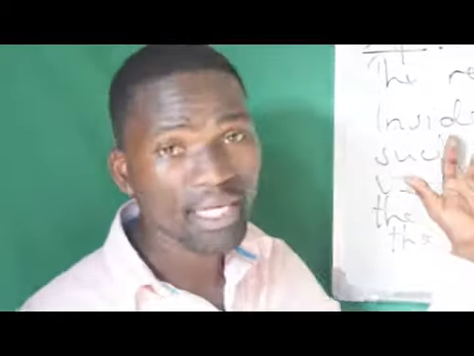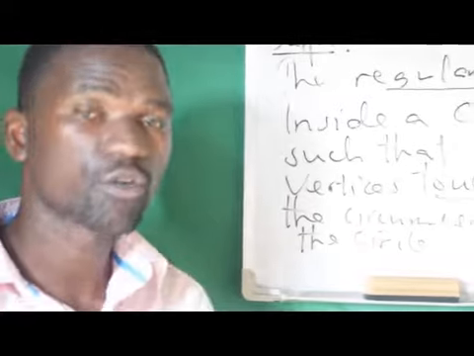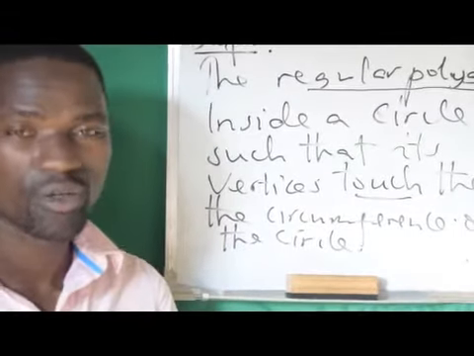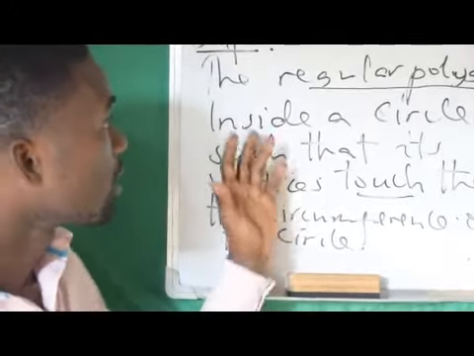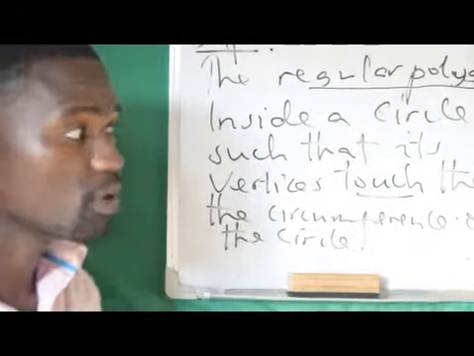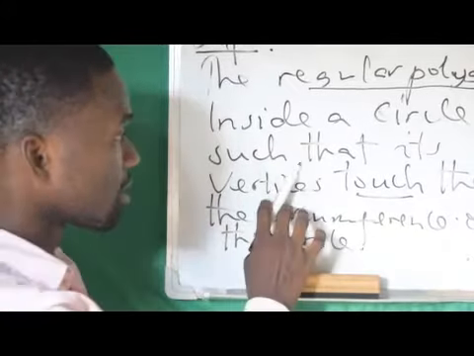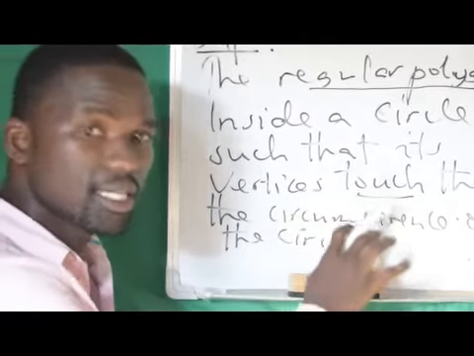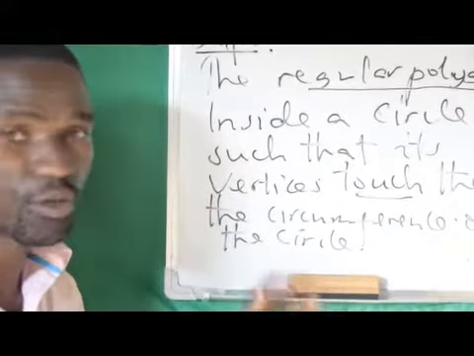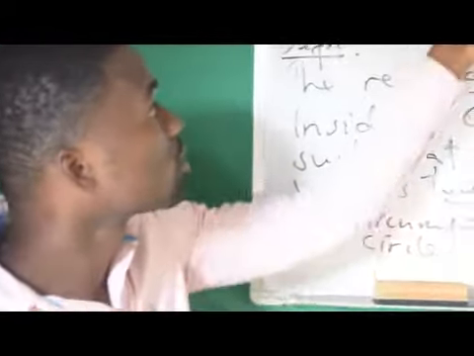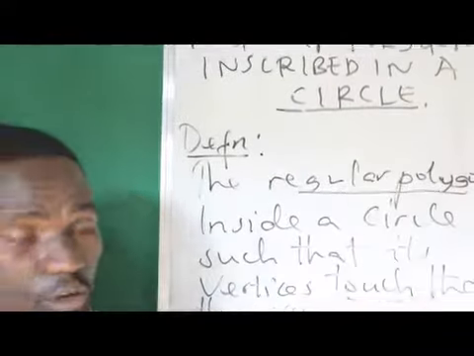So no matter whether it is an equilateral triangle, square, pentagon, hexagon, whatever, if it is inside the circle such that the vertices touch the circumference of the circle, we describe it to be a regular polygon inscribed in a circle.